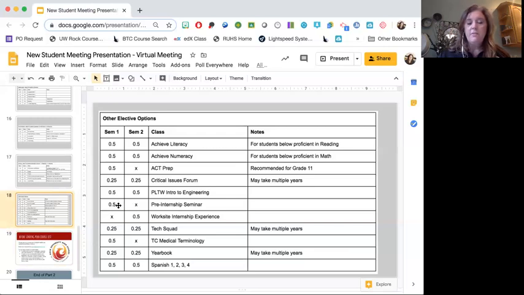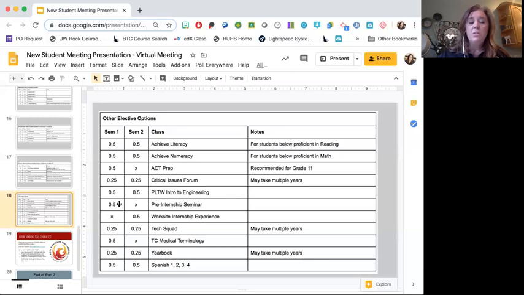Another option that we have for students is to get involved in an internship. We have a semester-long pre-internship class that we offer first semester for students to take care of necessary steps prior to actually doing a work site internship second semester.